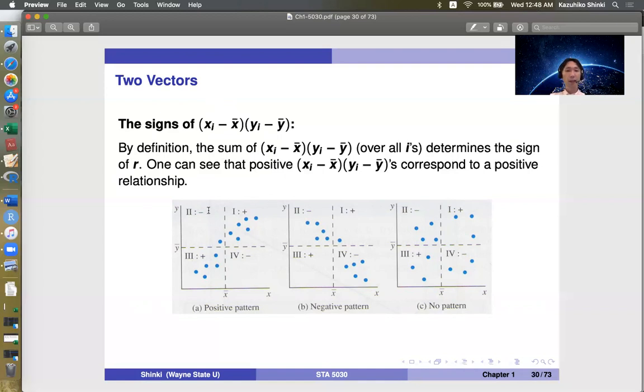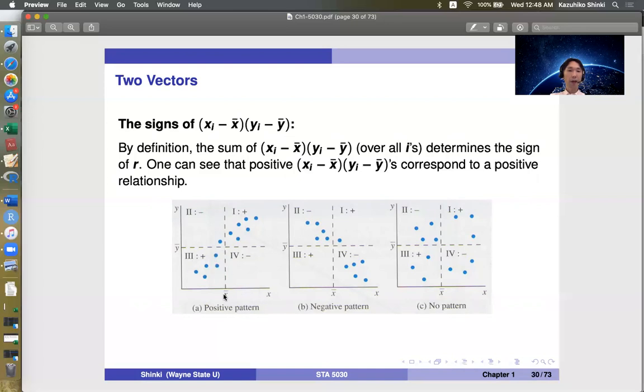So you can see the first pane of these graphs. If x and y have a positive relationship, when xi minus x bar is positive, that is, the x value is larger than the center of the x values, then the y value tends to be larger than y bar, because most points are in quadrant 1 or quadrant 3.